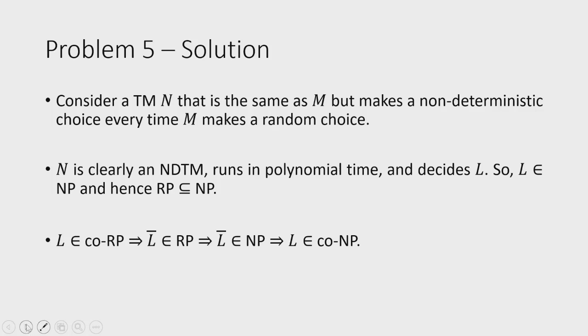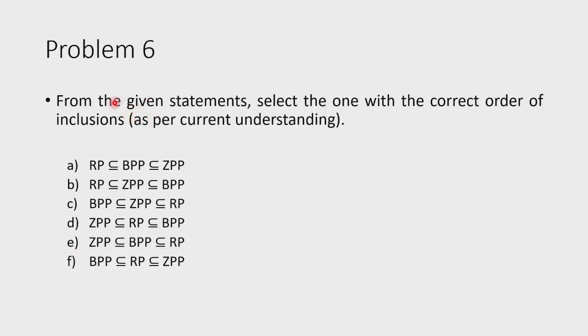We'll move to the next problem. It's sort of a recall question. From the given statements, select the one with the correct order of inclusions as per the current understanding. The first option is RP is contained in BPP is contained in ZPP. The second is RP is contained in ZPP, which is contained in BPP. The third option is BPP is contained in ZPP, which is contained in RP.